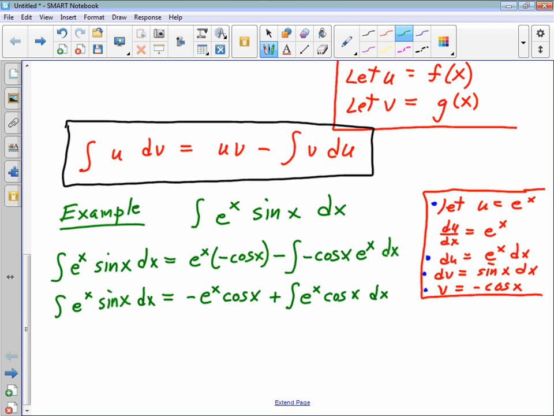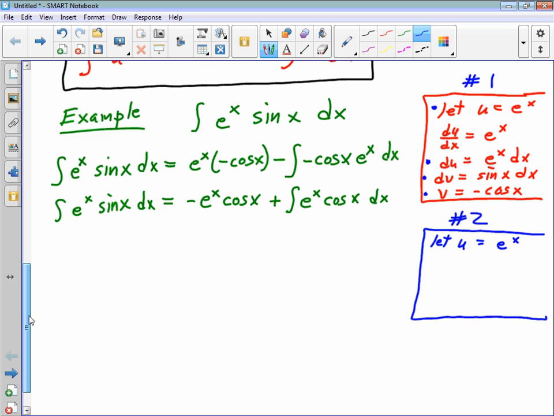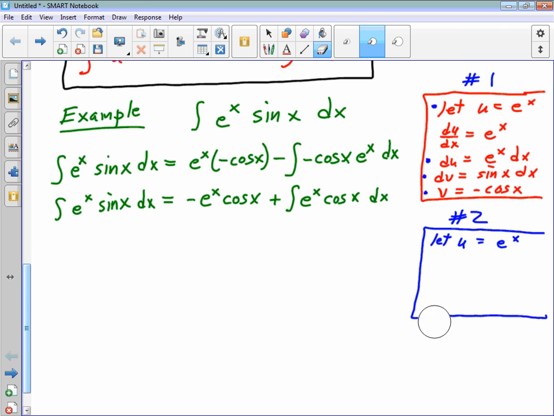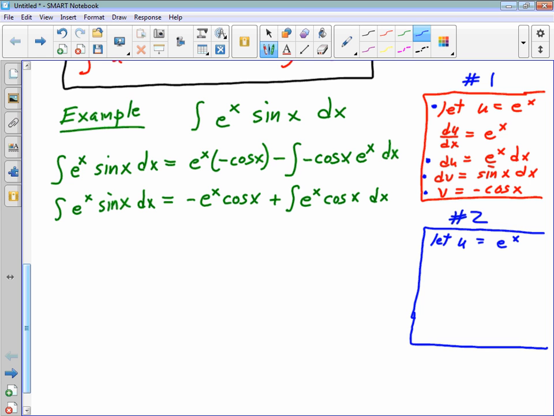You are right in some ways, but here's a good trick that we haven't done before. You can do this again. I can do it again. It's okay. So again, I can say, let u equal e to the x. I better extend the page. Let u equal e to the x, and then du equals e to the x dx.